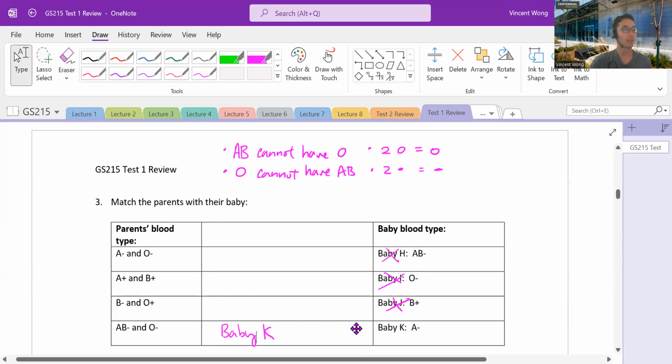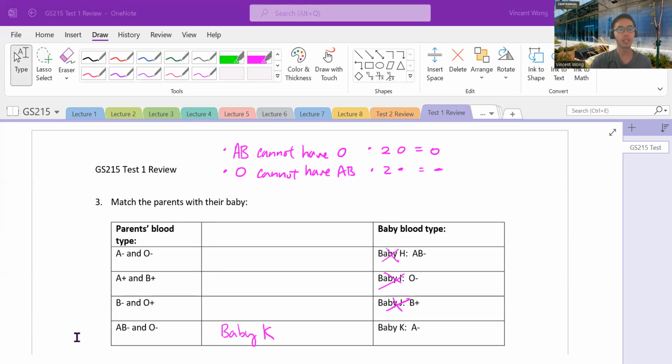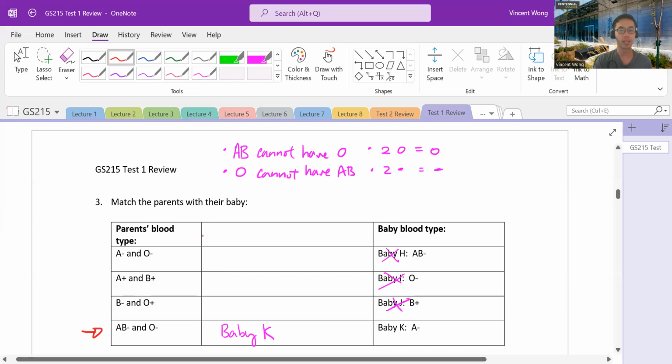Okay, so let me repeat one more time. The reason I chose this couple as my starting point is because we have 2 good rules here. We know AB individuals cannot have a type O baby regardless of who their partner is, because if you're AB, you don't have a little i to pass on, right?